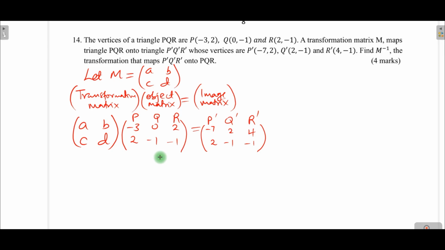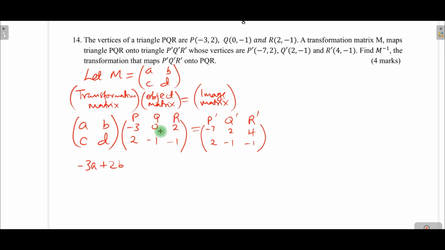So, let us multiply. For us to get -7, we must have multiplied the first row and the first column. That is A times -3, we have -3A, plus B times 2, so 2B.